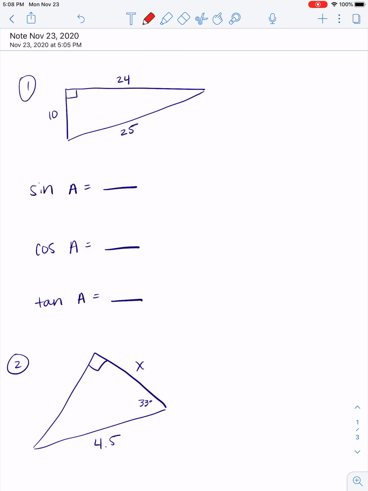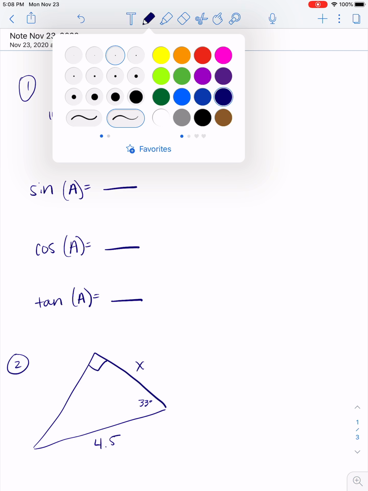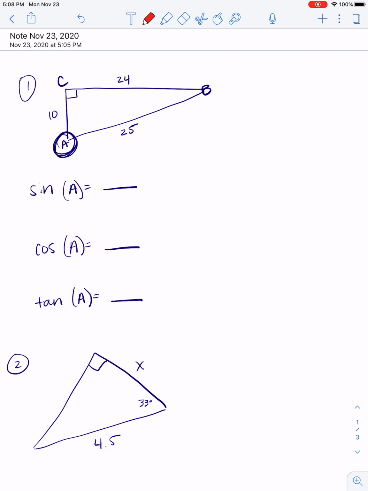So this is A, B, C. So it's all based on this angle A because it's asking you here for the sine of angle A, cosine of A, tangent of angle A, okay? And then we use this to try to help us remember what sine, cosine, and tangent stand for. We use the word SohCahToa.